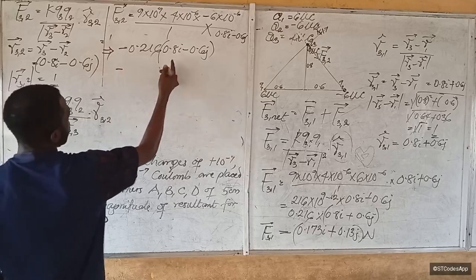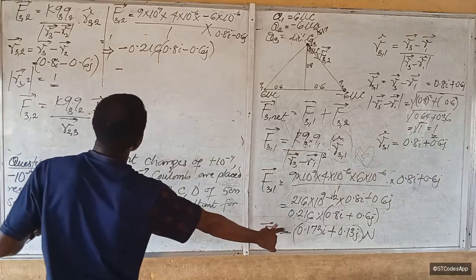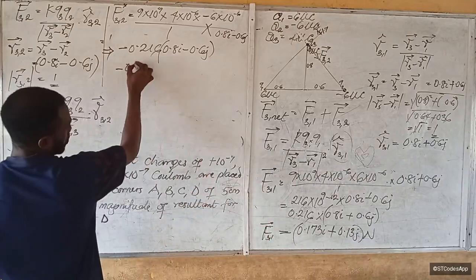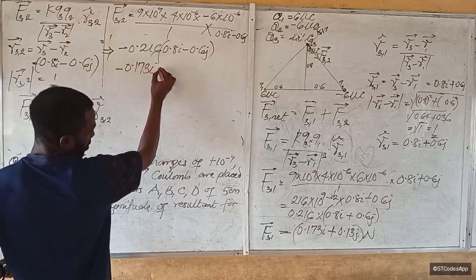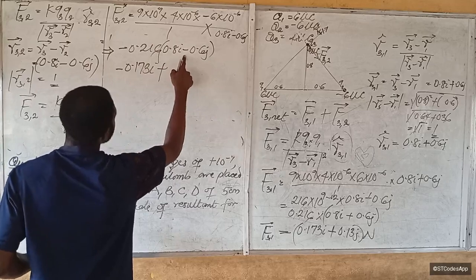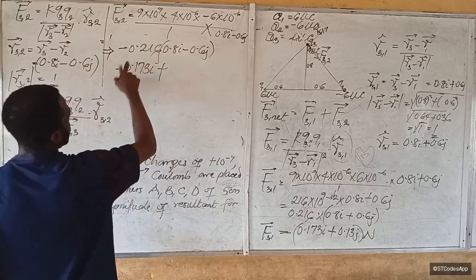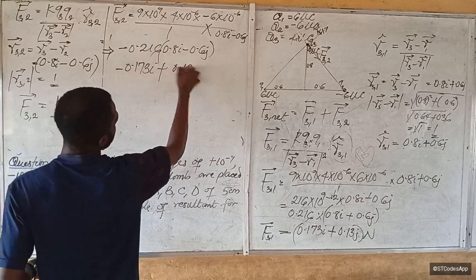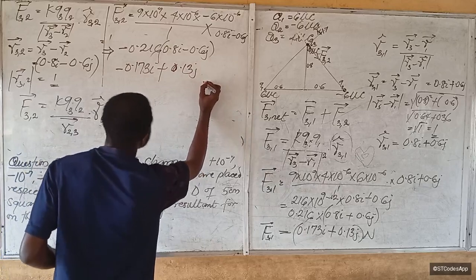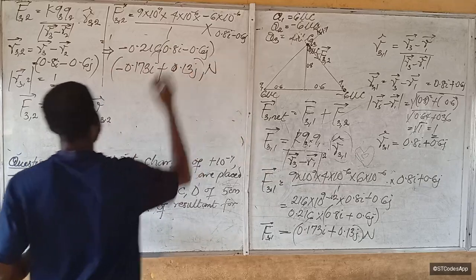So now I have negative, this will open the bracket and give us negative 0.173i plus, minus times minus is plus, 0.13j Newton. So that's our answer.